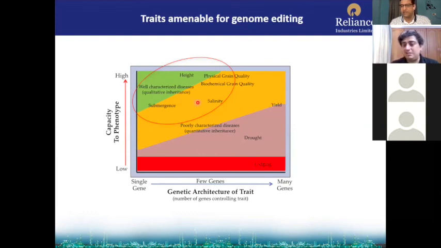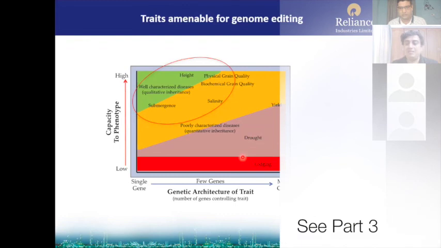This is less of a problem for genes like height-determining genes, well-characterized disease genes, biochemical grain quality genes, physical grain quality genes, submergence, salinity, etc. These are all either single genes or few-gene pathways which are well known. We can apply CRISPR and immediately change it. But for complex traits like yield, like drought, etc., where a cascade of genes is involved, it is still a challenge. So we need to know biology greatly to apply CRISPR-Cas9 properly in agriculture.